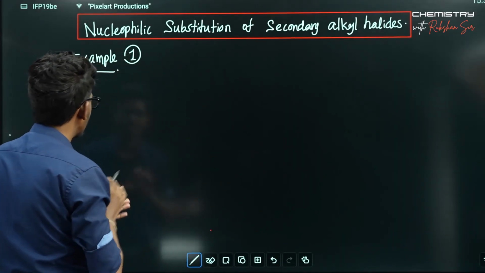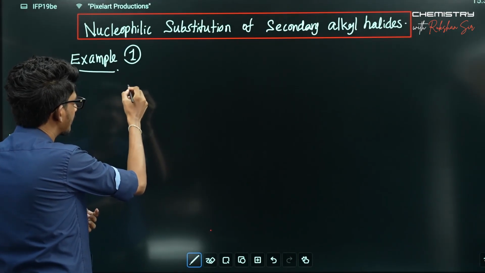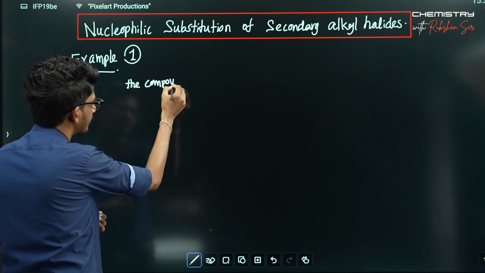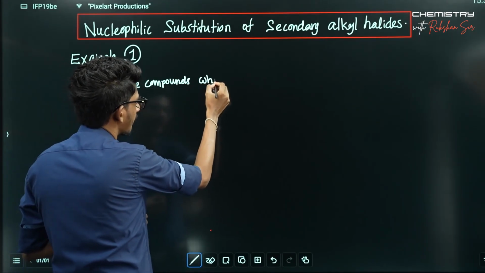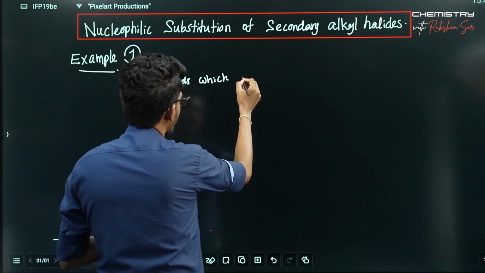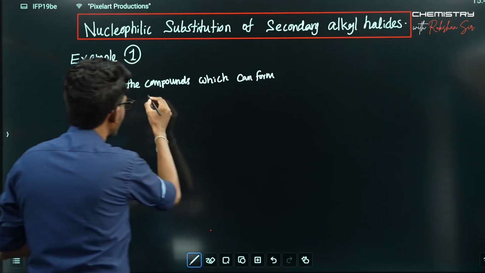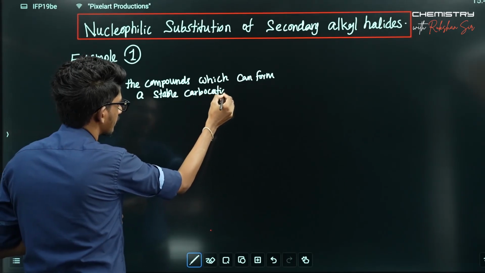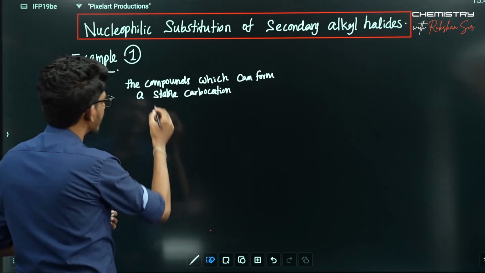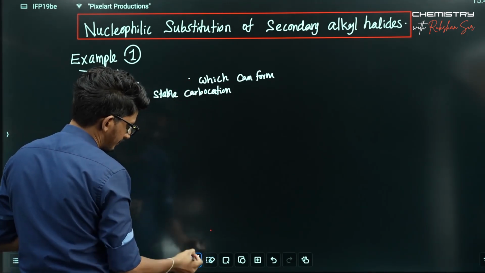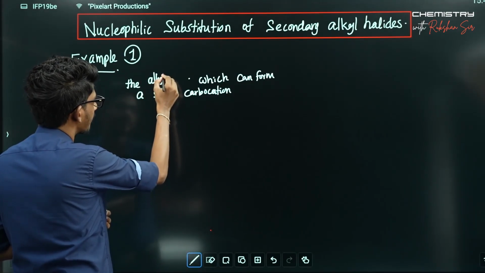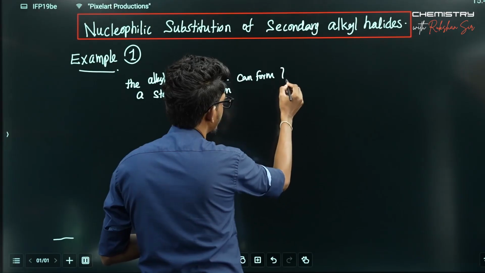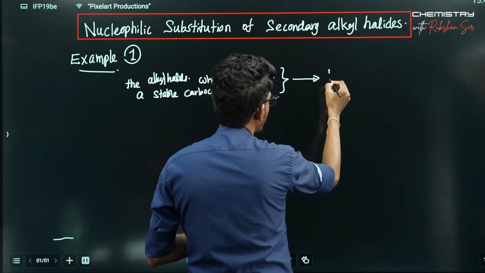Normally, the alkyl halides which can form a stable carbocation can go through the two-step mechanism, right?